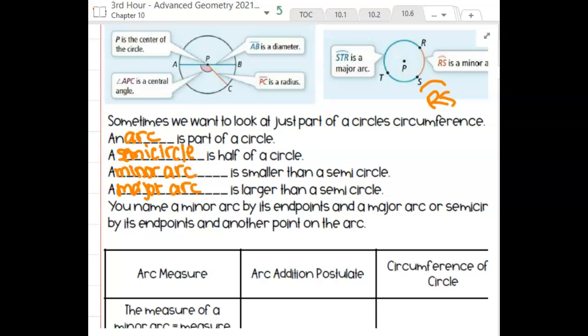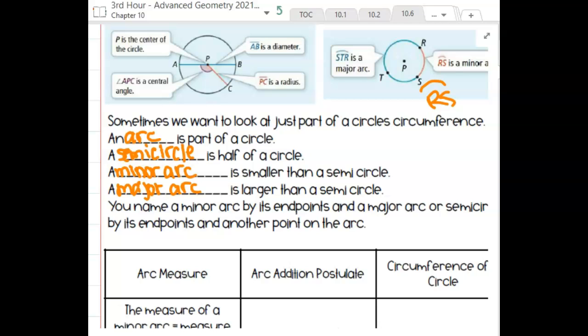Now here's the thing. In relation to R and S, there's a minor arc and a major arc associated with those two endpoints. You can see the minor arc is RS, but if I wanted to talk about the major arc, going around the other way, I can't call it RS, because RS is a minor arc. To name a major arc, you use the endpoints, but you also have to use another point on the arc.